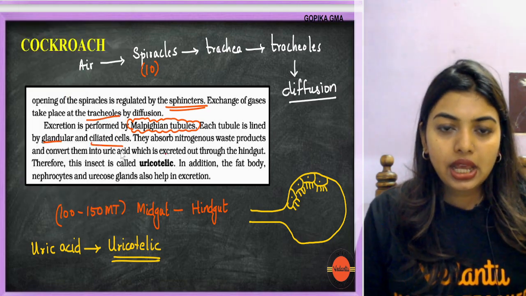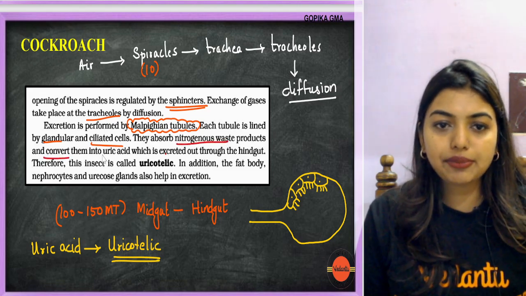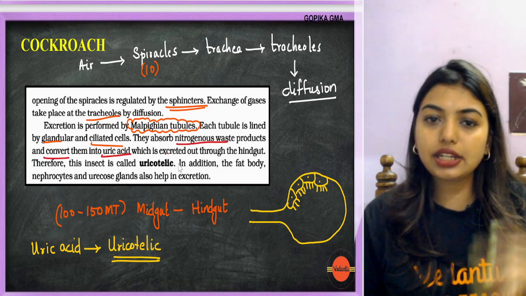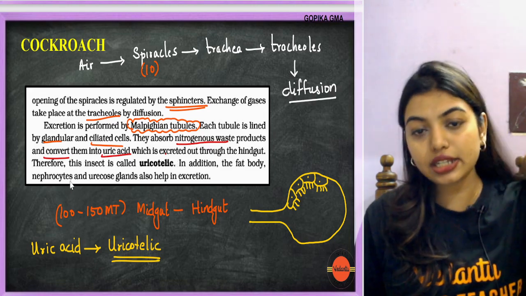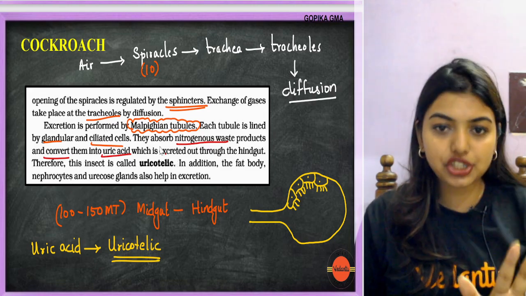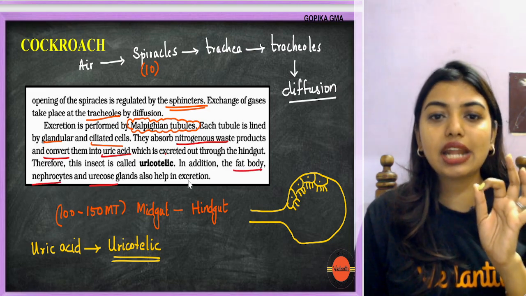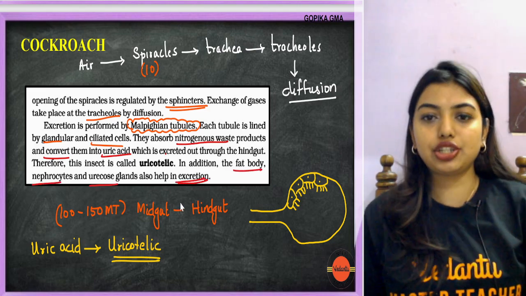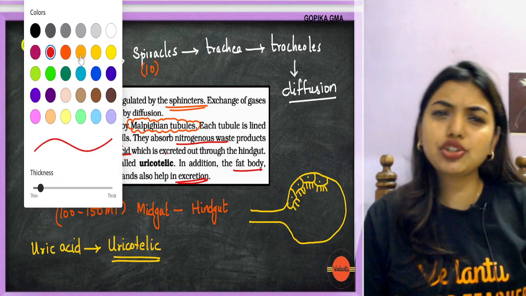Now here, very important. They absorb nitrogenous waste products and convert them into uric acid, which is excreted out through the hindgut. We have already spoken about it. Therefore the insect is uricotelic. In addition, the fat bodies, nephrocytes and uricose gland are also helping in excretion. Okay, students, some accessory organs are there. Can only Malpighian tubules do everything?